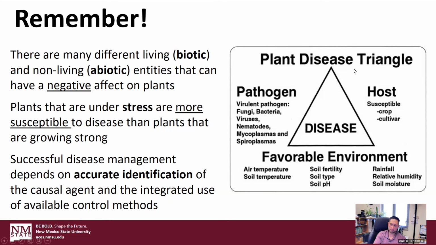Just remember again that plant disease triangle. You may have the pathogen present, you may have a susceptible host, but one thing we can usually control is the environment that they're in. Sometimes we can put soil amendments to make that soil better.